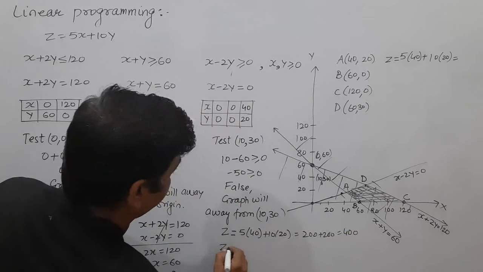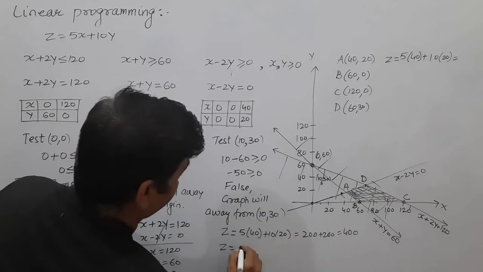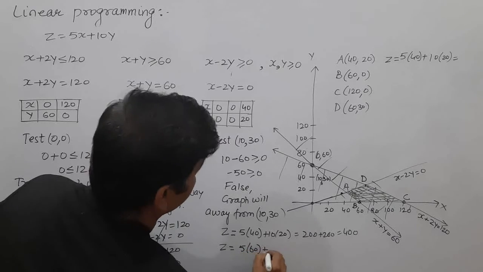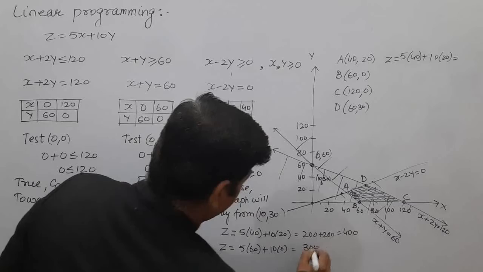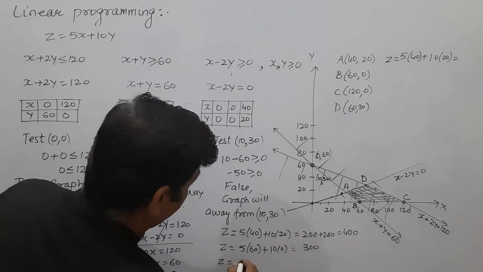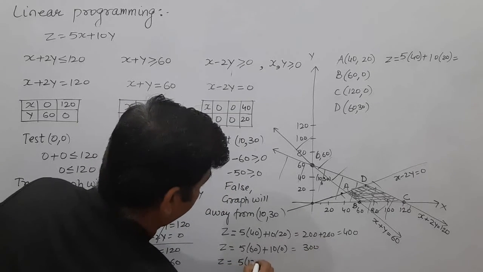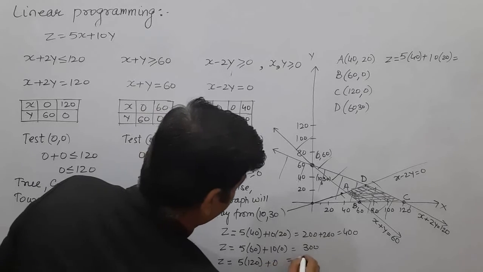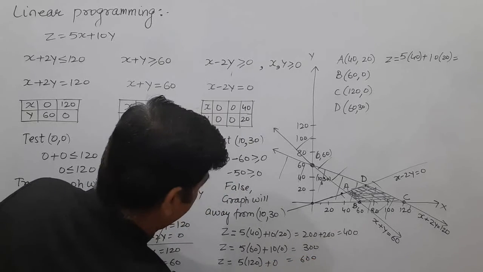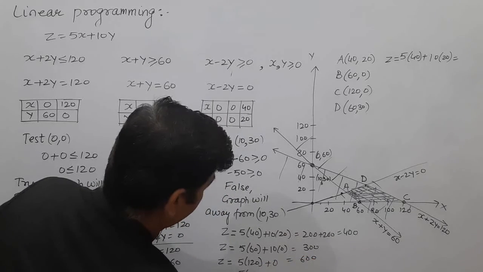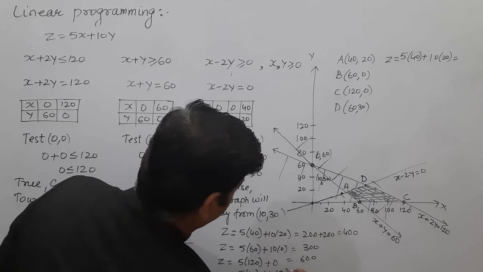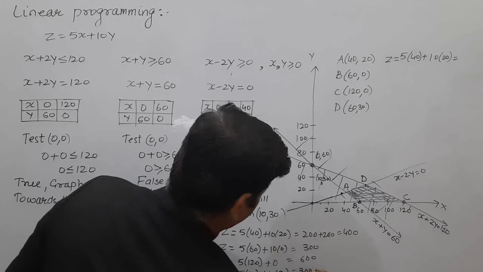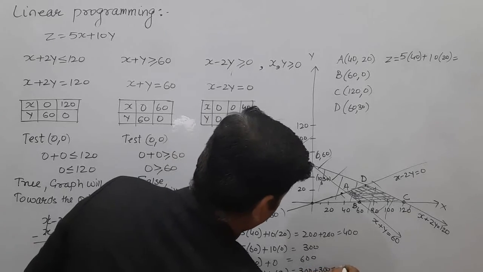For the second point, Z is your 5 times of 60 plus 10 times of 0, which is your 300. For the next one, this is your 5 times of 120 plus 0, this is your 600. And for the last one, this is your 5 times of 60 plus 10 times of 30 will give you your 300 plus 300 is equal to 600.